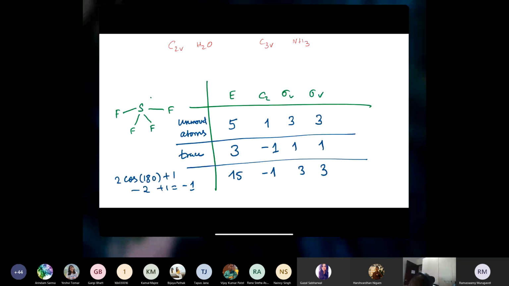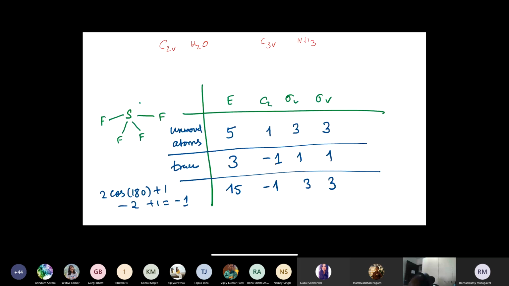I want you to work on another example of a C2V, which is hydrogen peroxide. So it has a C2 axis running here. Sigma V is the plane of the molecule itself. The other sigma V is here. These are the sigma V. So the point group remains the same.